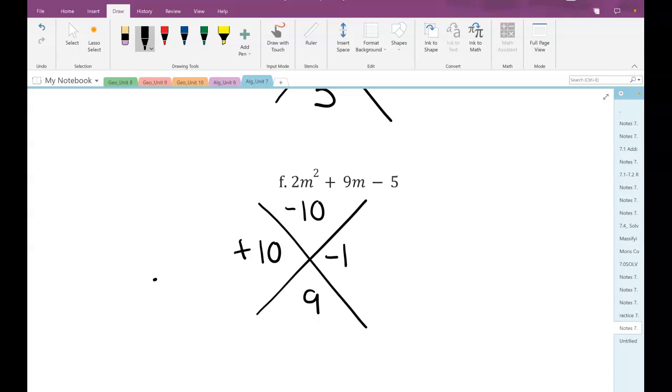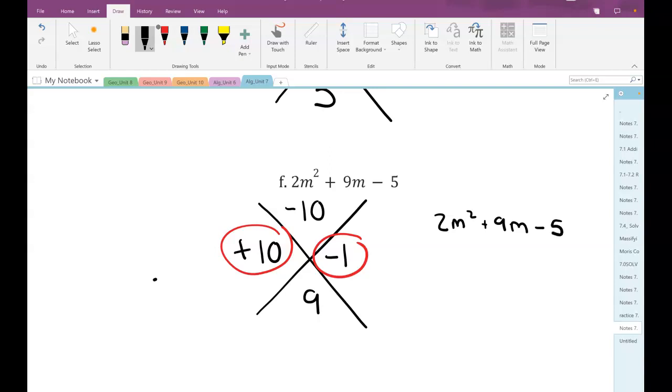So here's where we're going with this. A little preview. You don't have to write this down. What we're going to end up doing is taking these two numbers on either side, and we're going to do what's called splitting the middle term. So I'm just going to rewrite what we have right here: 2m squared plus 9m minus 5.